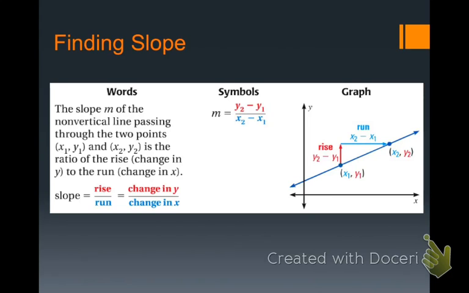So if we subtract the x values, we get the run, or the change in the horizontal distance. And if we subtract the y values, we get the rise, or the change in the vertical distance. So another way to think of slope is rise over run, or change in y over change in x.